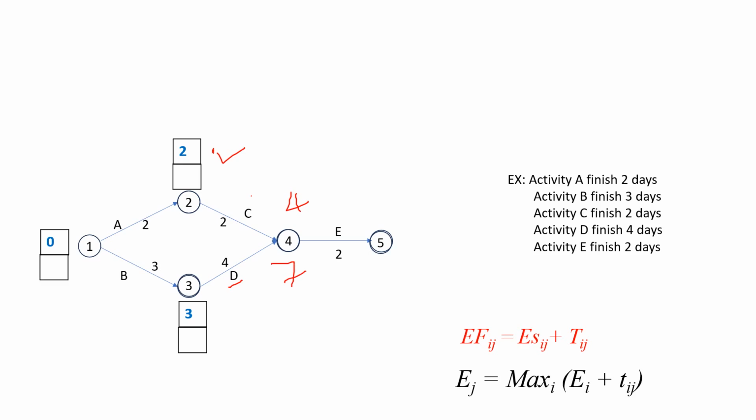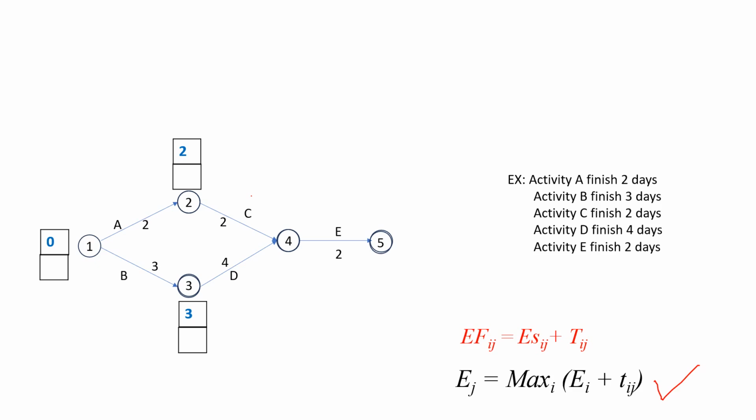Now the question is raised at event 4: which time do we have to consider, 4 or 7? Observe that event 4 is the merge event for activities C and D. So we have to consider the maximum finishing time among the C and D activities.